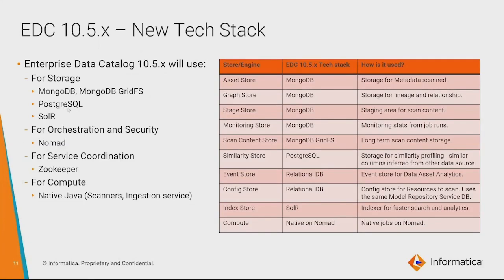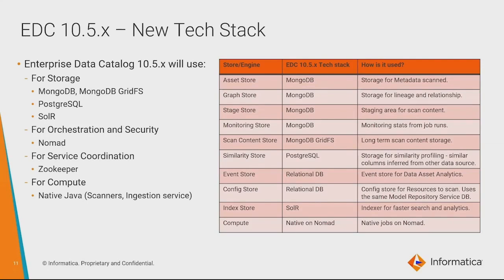PostgreSQL is used for all the similarity, and we also use Solr. For orchestration and security, we use the Nomad based cluster. For service coordination, we use ZooKeeper. We use native Java for all the scanner jobs and the ingestion service that get submitted to the Nomad cluster.